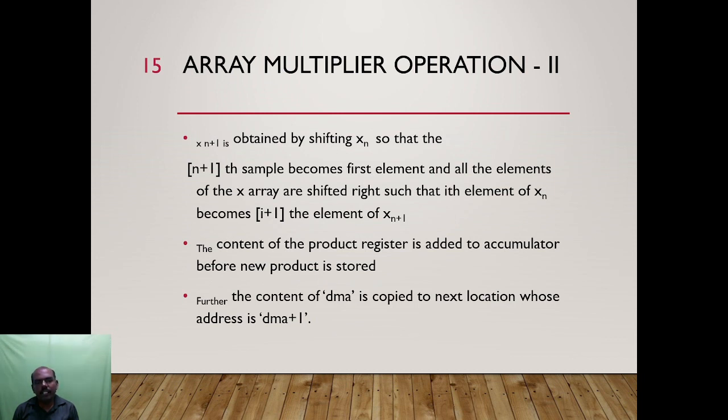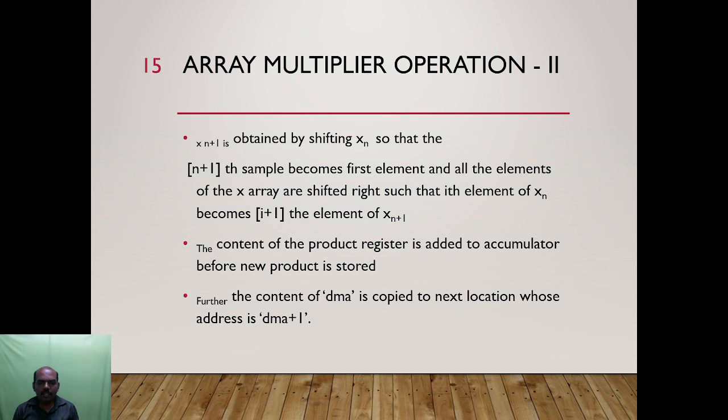Then x of n plus 1 is obtained by shifting xn so that the n plus 1 sample becomes the first element, and all the elements of the x array are shifted right such that the ith element of xn becomes the i plus 1 element of x of n plus 1.